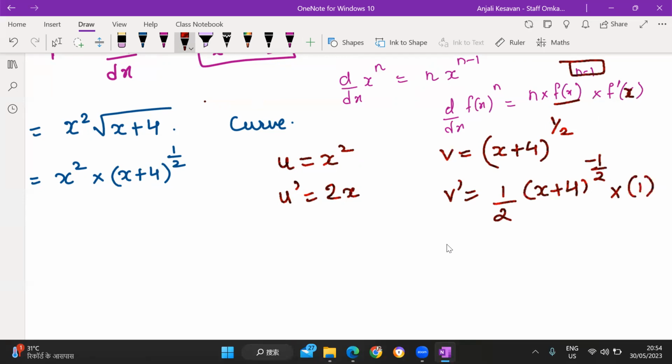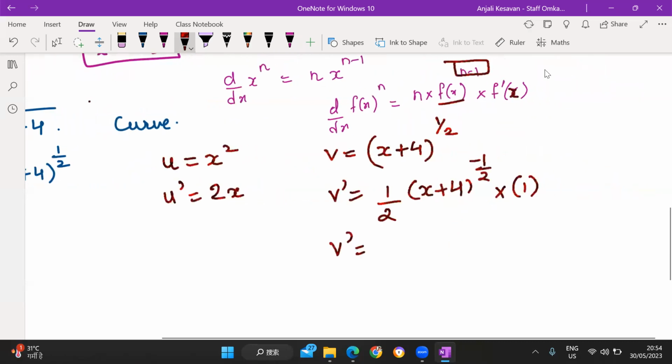Is this understood? So we have v prime. Now simplify this further. Obviously you cannot leave your power in the negative form. So anything in the negative will be inversed. So if you have any number with the power in negative form, you can make the power positive by inversing it.